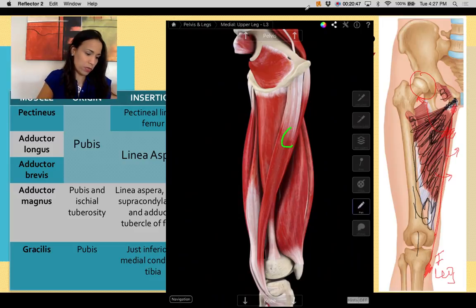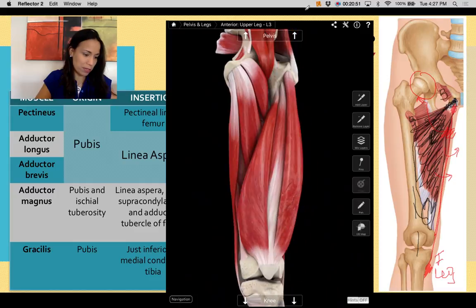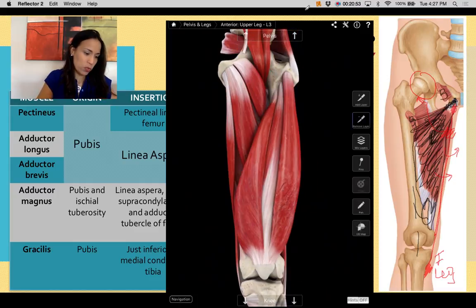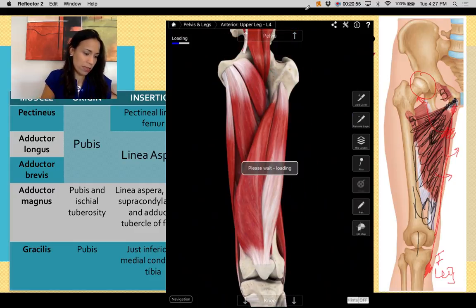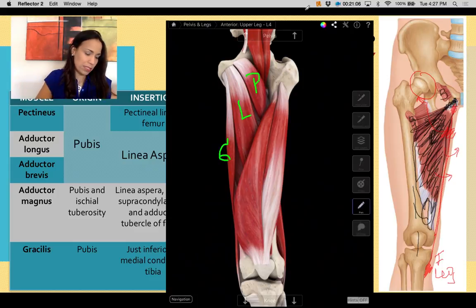Still, we're seeing gracilis, but what I want to show you is magnus. Okay, I'm going to remove one more layer, and still we're seeing the same muscles. We're seeing pectineus, adductor longus, gracilis.